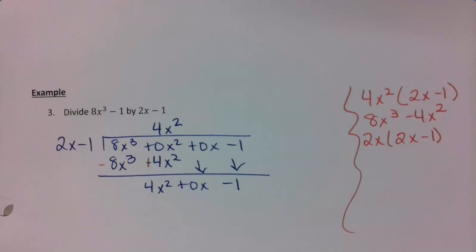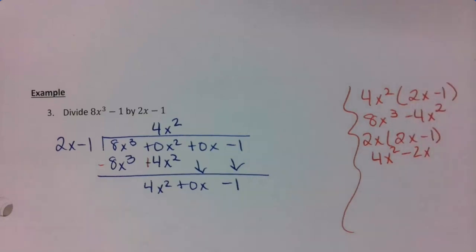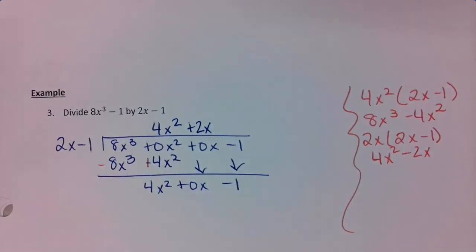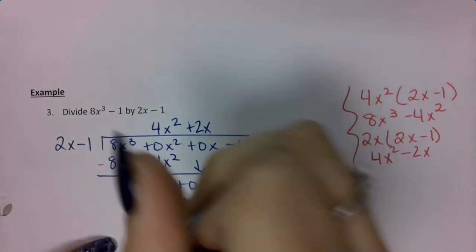Okay, so 2x times 2x is, and 2x times negative 1. So then I want to write the 2x up above, and it was positive, so I'm going to put a plus sign. And then down below, I'm going to write what I got. So I had 4x squared minus 2x.